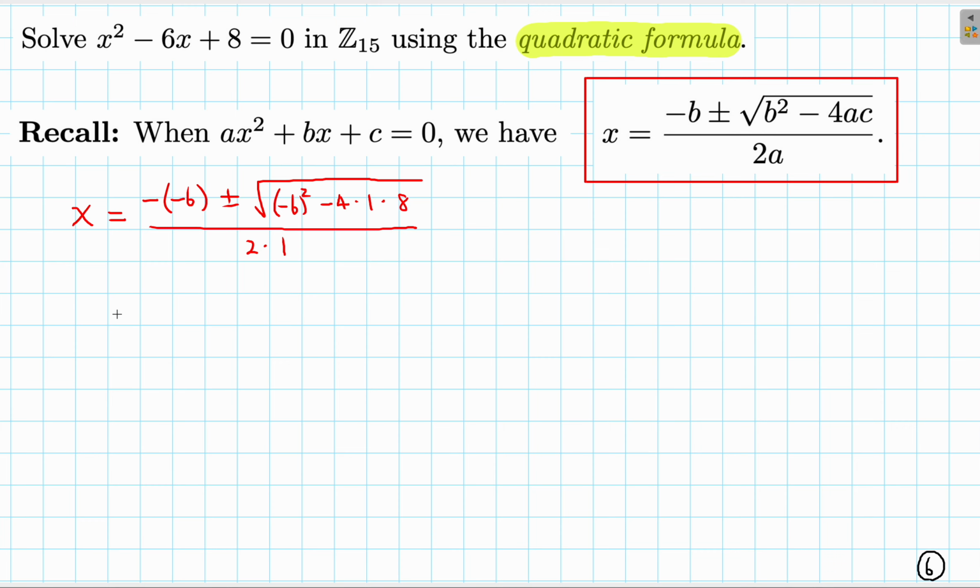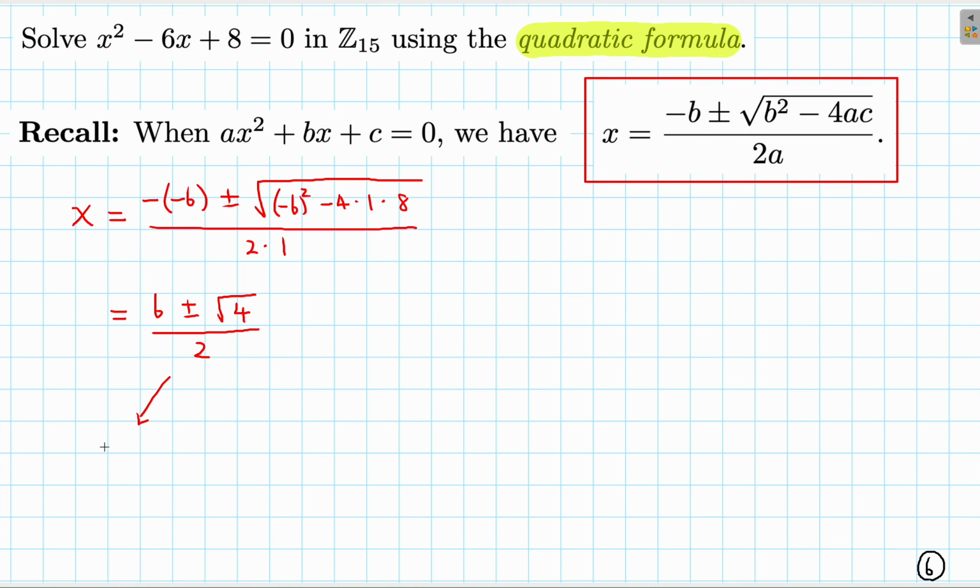So simplifying that, we get negative minus 6 is 6 plus or minus the square root of 36 minus 32, that's 4, all over 2.